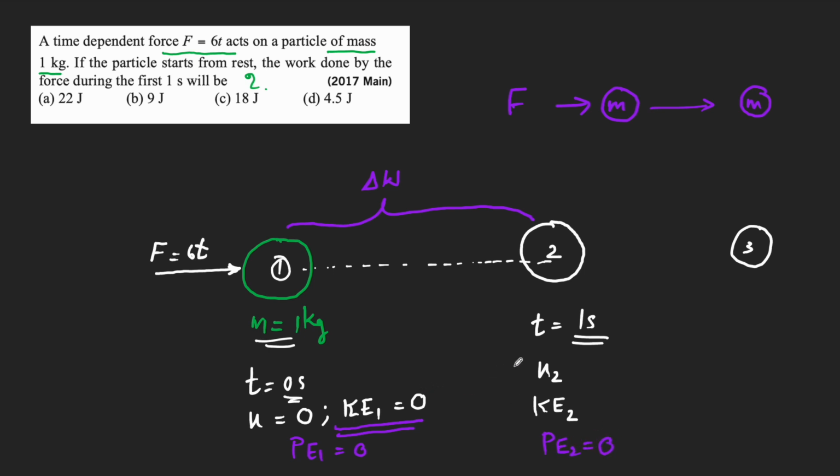Okay, so what is the total energy change of the body? The total energy change delta E for the body is only the kinetic energy change. That is K2 minus K1, the change in energy of that body.